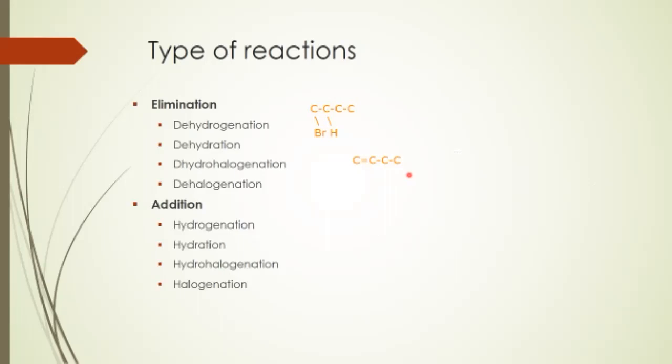Now that you've got something like this, you want to add HBr again, or you want to add water. From an alkene, if you remove hydrogen and add water, okay, whatever. You want to add this thing again. Your hydrogen this time around is going to come here because this is CH2.